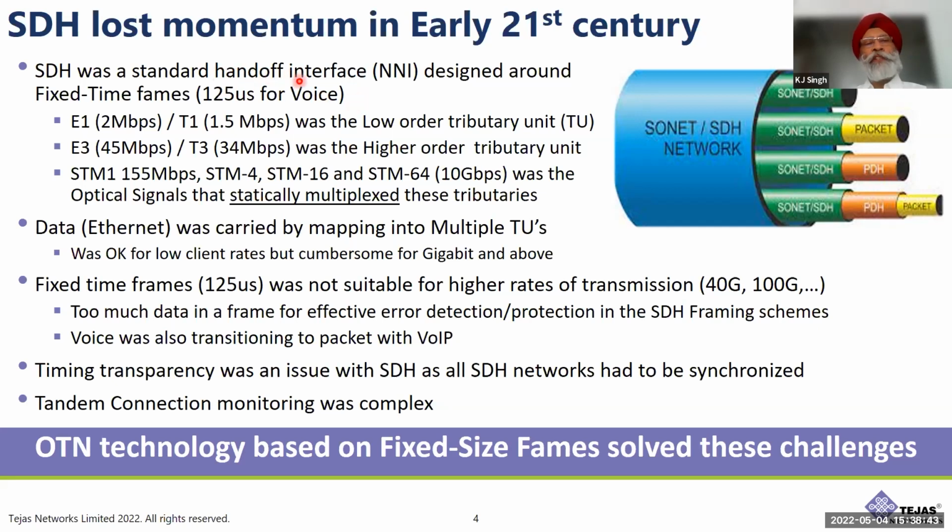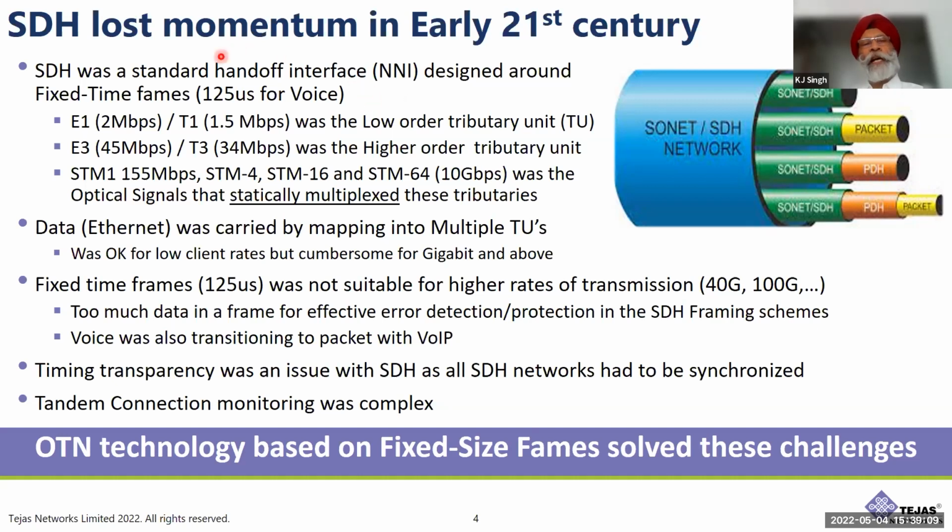So SDH was a standard handoff interface, and that was designed around fixed time frames. We all know voice has 4 kilohertz bandwidth, that is 8 kilosamples per second. So that gives you 125 microseconds for a sample, right? That's essentially where the 125 microsecond frame time for SDH/SONET came from.